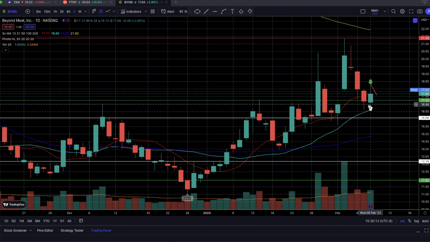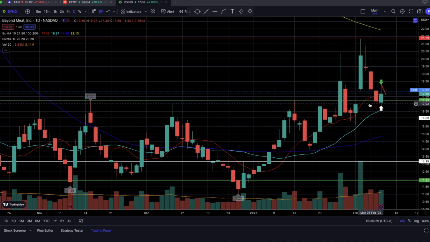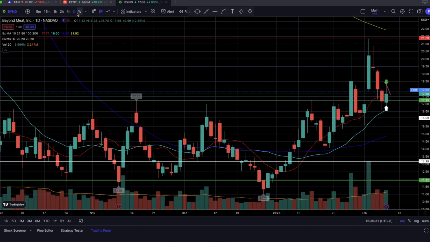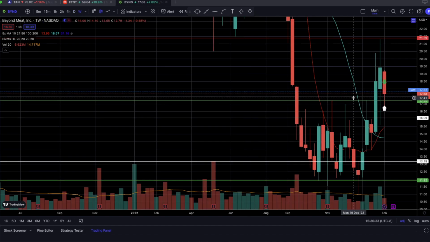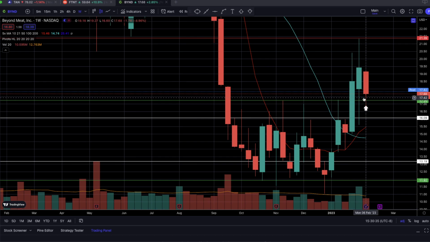And that was the entire premise of why I took this trade. And also, the price was holding very, very well compared to the overall market. And Beyond had this look to it, a very good relative strength look, right underneath a major weekly level of resistance around $17, or specifically 17.20-ish.